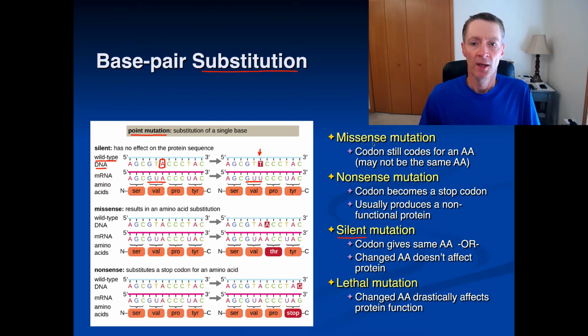Now, this is also a missense mutation in that this codon, this sequence GUU, is still coding for something, right? So it's a missense mutation and it's a silent mutation.